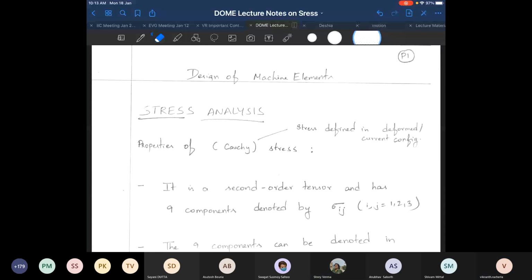So whenever we are designing machines, we want our parts to retain their shape. We do not want them to undergo large deformations, or in other words, we only want rigid body motion for our machine elements.